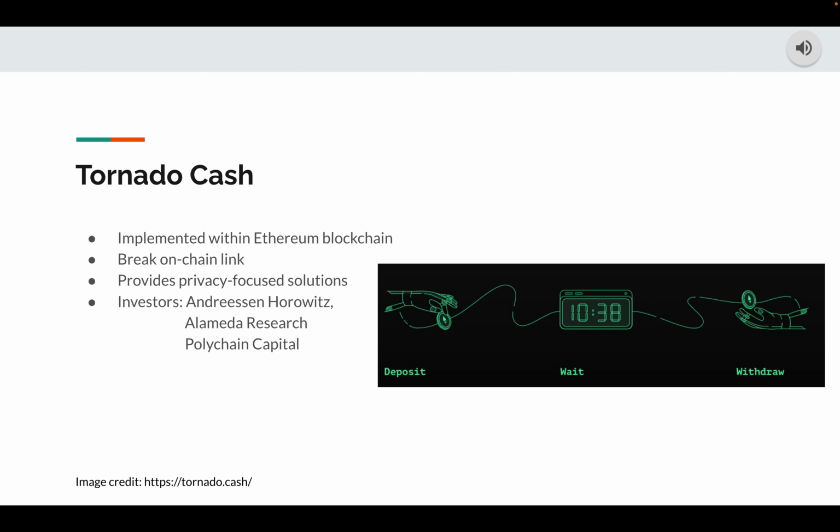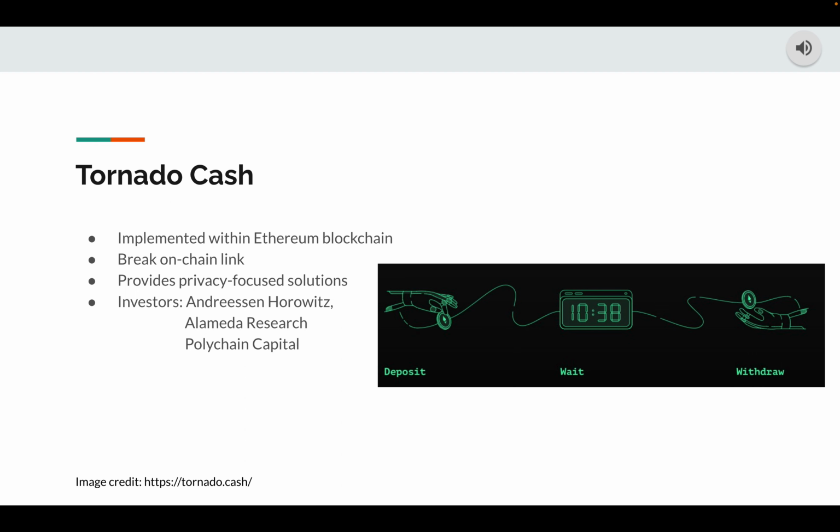This cannot be implemented without the technology of zero-knowledge succinct non-interactive argument of knowledge, aka ZK-SNARK, a normal form of zero-knowledge proof. Tornado Cash customers are primarily individuals and organizations in the decentralized financial ecosystem who are looking for privacy-focused solutions for their financial transactions.